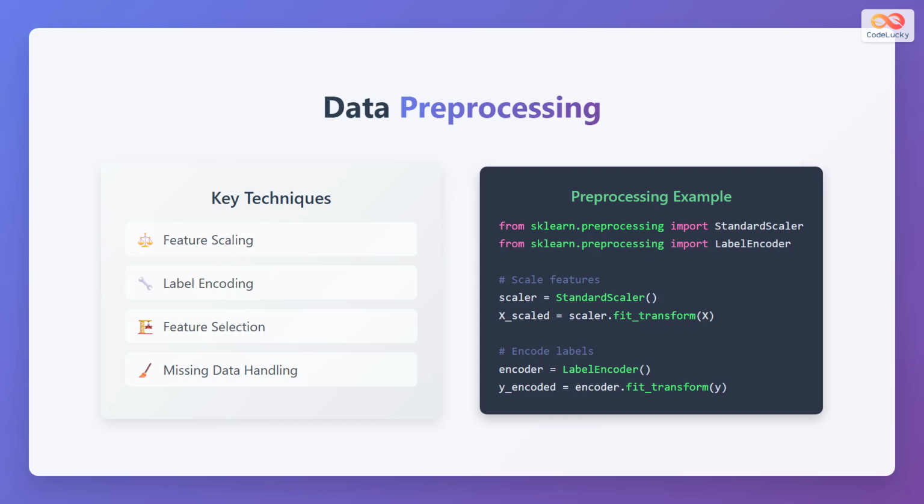Feature selection identifies and keeps only the most relevant features for the prediction task. Missing data handling involves strategies like imputation or removal of incomplete records. The code demonstrates using standard scaler to normalize feature values and label encoder to convert categorical target variables into numerical format.